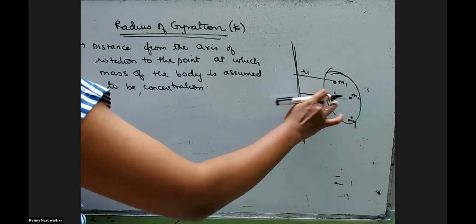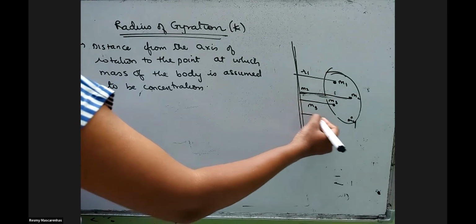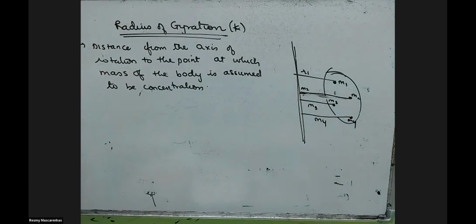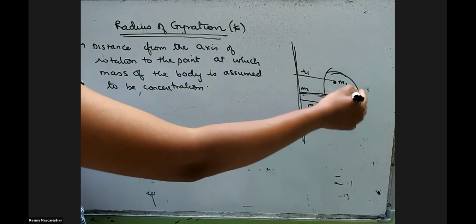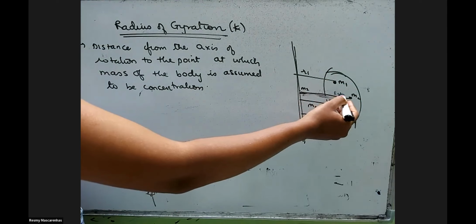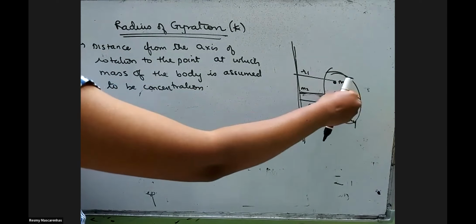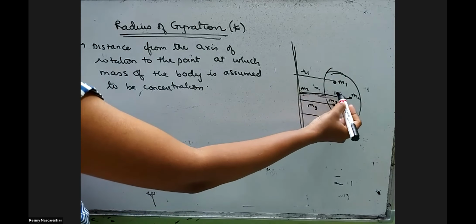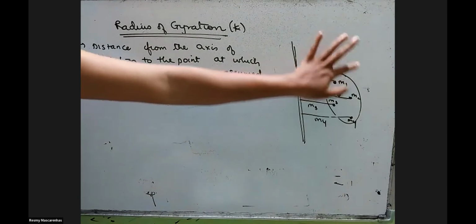This is only one particular body. So finally, it would be like a center of mass only here. Consider the entire body, after adding all this, it's here, so this would be K. We have to consider all of this.